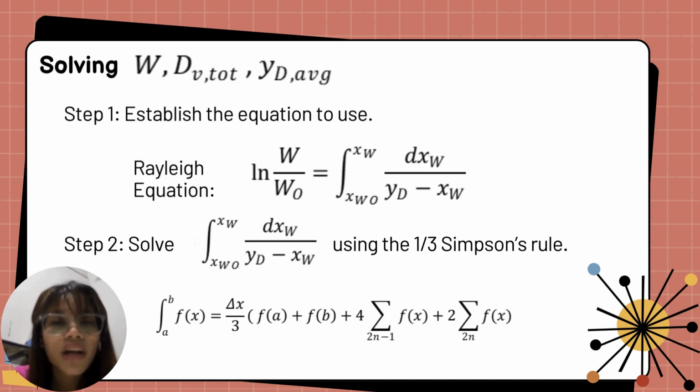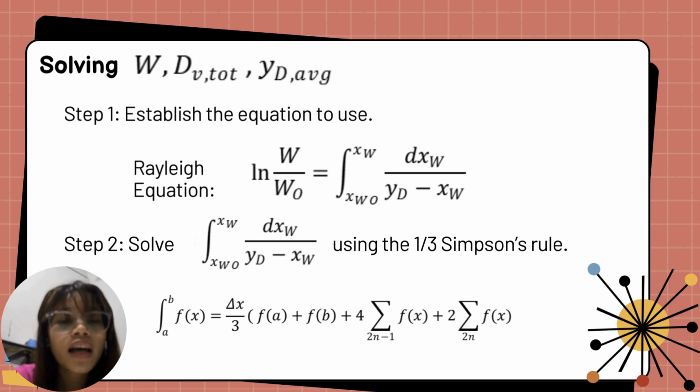The Rayleigh equation is derived from the mass balance, which is rate input equal to rate output assuming no accumulation in the process, and the component balance, which is the instantaneous rate of depletion in the still equal to the instantaneous rate of output. It should be noted that the distillate rate and the depletion rate in the still are dependent on the rate of heat input in the still.